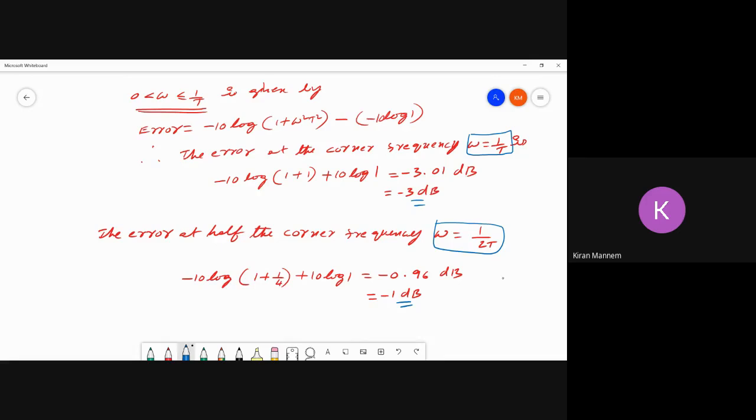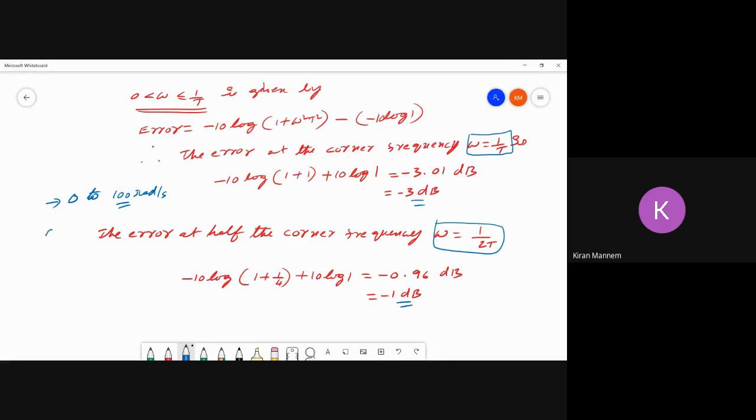To understand this, let us take the values from 0 to, let us say, 100 radians per second, the frequency range of your Bode plot.